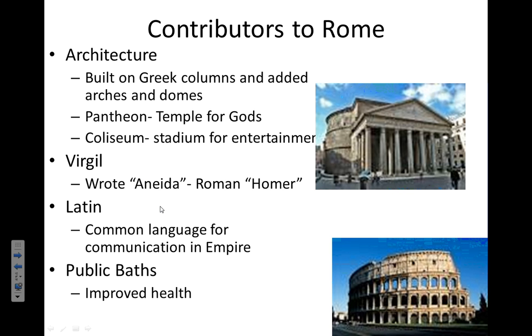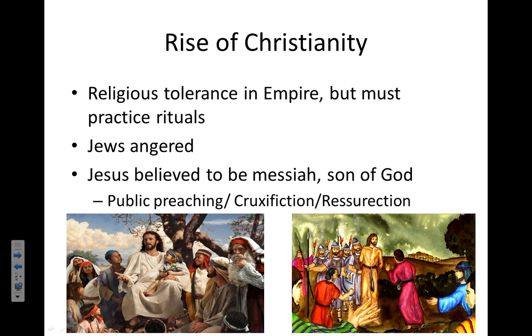He's sometimes classified as the Roman Homer. Latin was the common language for all people in Europe at this time, thanks to the Roman Empire expanding. Latin is also important because it gives birth to the 5 Romance languages. Also, Rome helped to contribute and improve public health by building public baths.